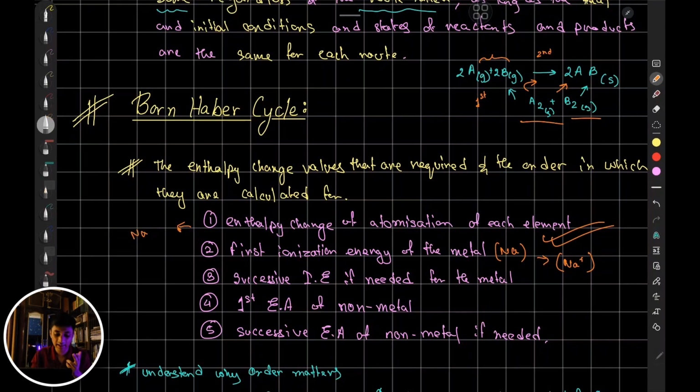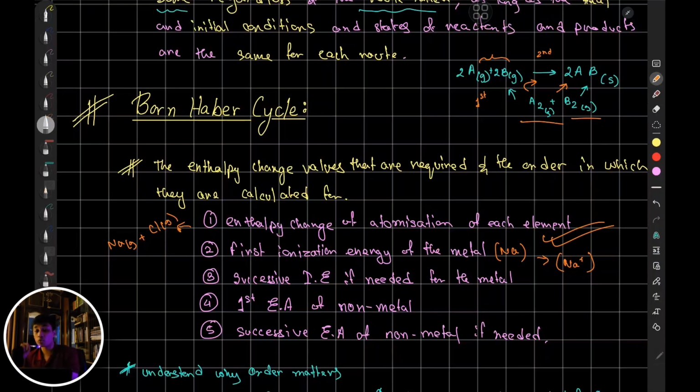We are getting Na, sodium gas, not solid, and we are getting, let's say, 1 mole of chlorine atom gas, Cl gas. Great. So we have atomized both of these and we have received sodium and chlorine as gaseous atoms.